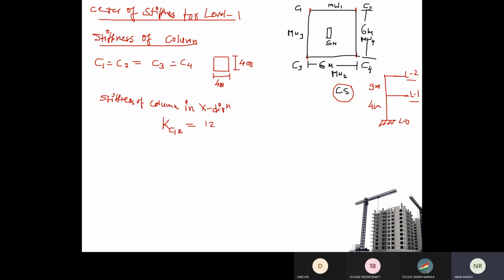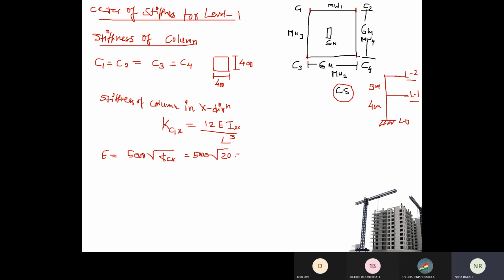Equation is 12 E Ixx divided by L cube. Now E is 5000 under root FCK. Now if FCK is not given, then as per IS 1893, minimum grade of concrete you need to consider is M20. So 5000 under root 20.